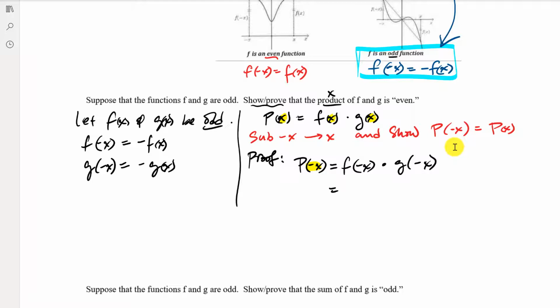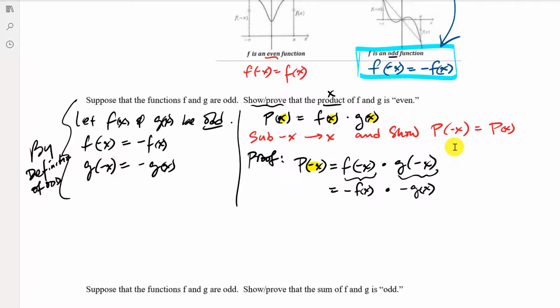Because of that, by definition of odd, f of negative x equals negative f of x. So I'm going to substitute that in. So negative f of x. And I know that this portion right here is equal to negative g of x by definition, because that's what I started with. I assume that f and g are odd.